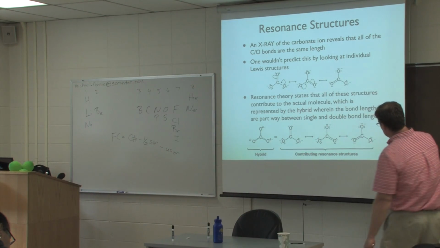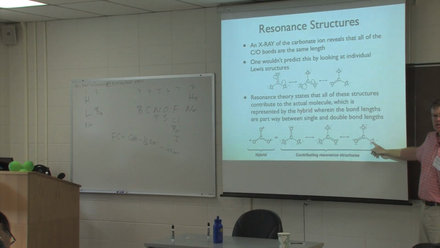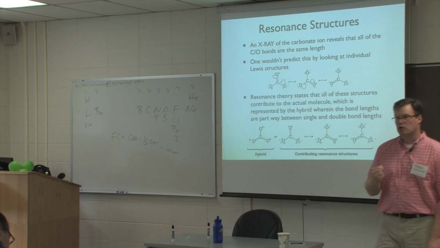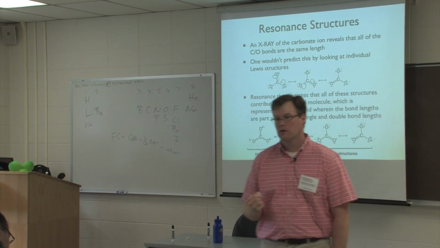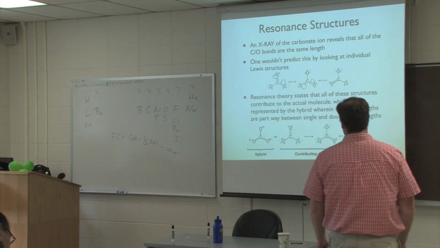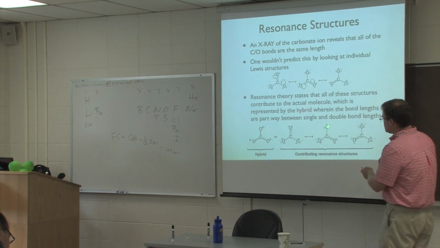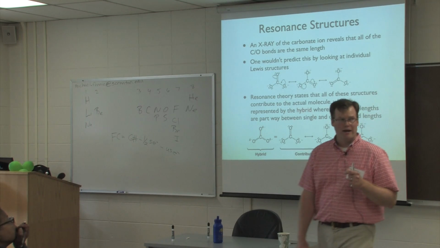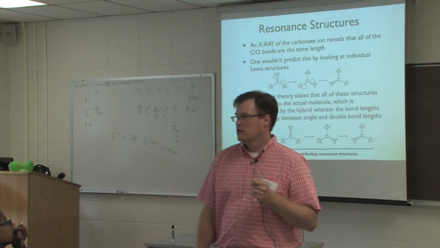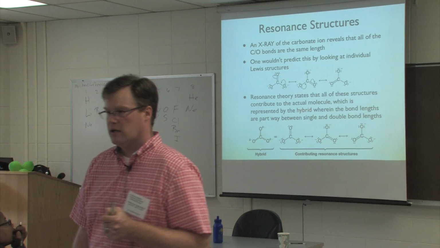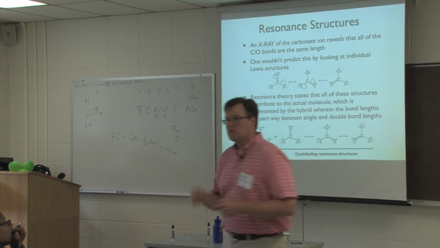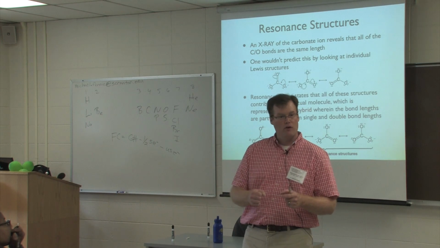How do we say that? Well, if we look at these oxygens here, this oxygen in this structure has a negative charge that's localized right on that oxygen. In this structure, negative charge is localized right on that oxygen. If you can spread around that localized negative charge onto not just that one atom, but onto the other atoms, you diminish that charge. You lower that overall energy of the system.